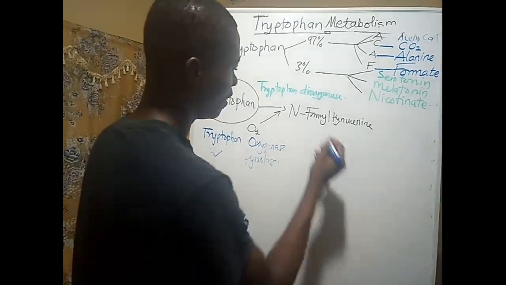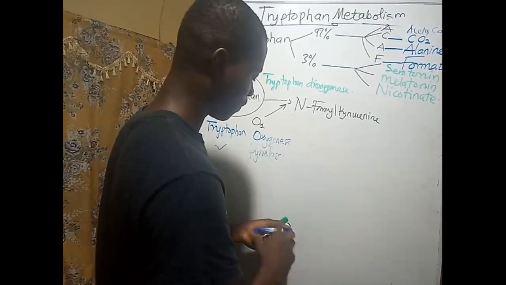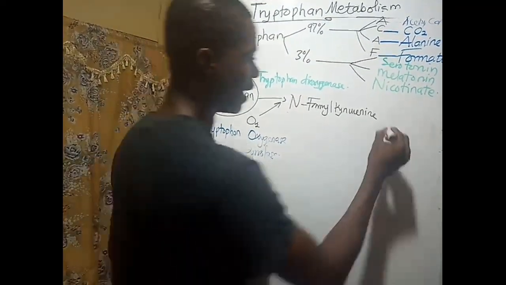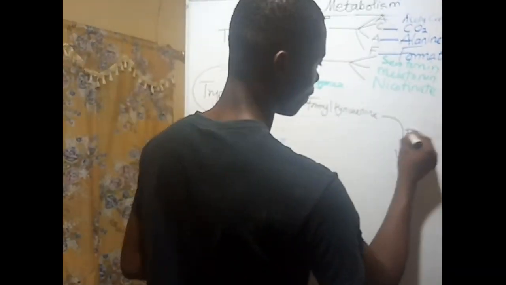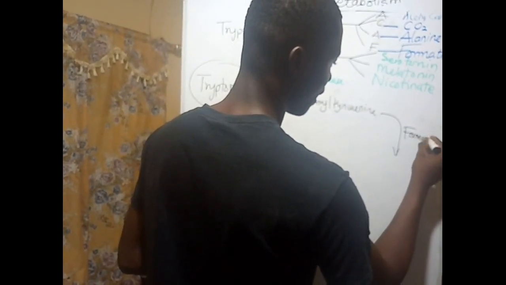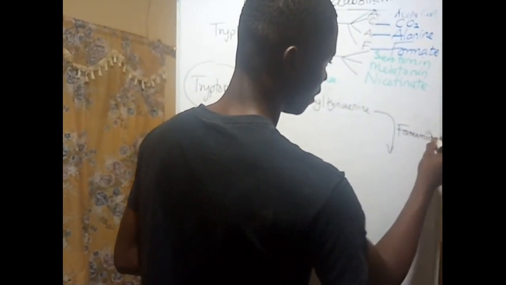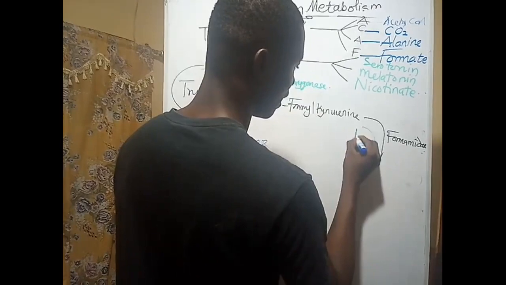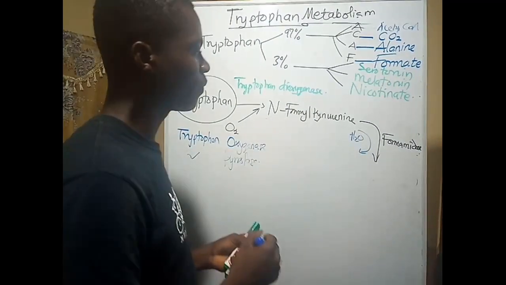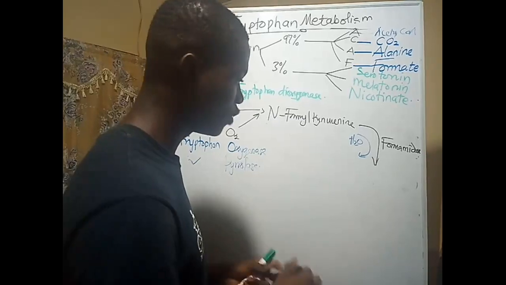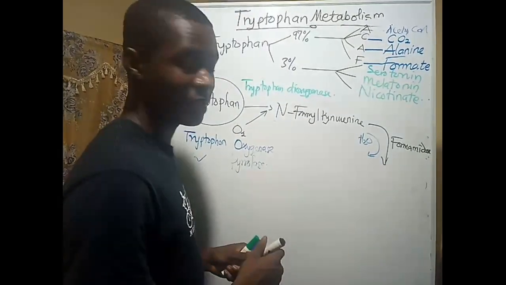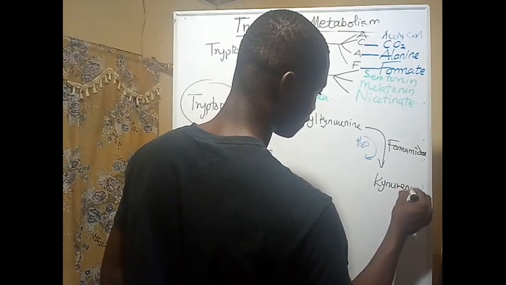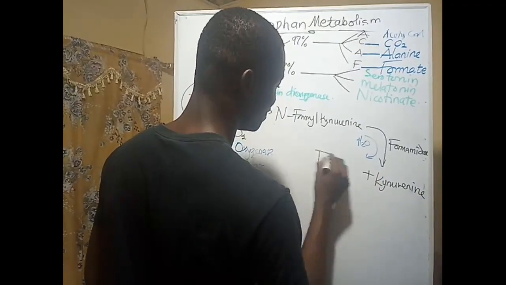Now, the product N-formylkynurenine undergoes another reaction where an enzyme called formamidase hydrolyzes, so we need water, hydrolyzes the N-formylkynurenine to produce two very important intermediates, kynurenine and then formate.